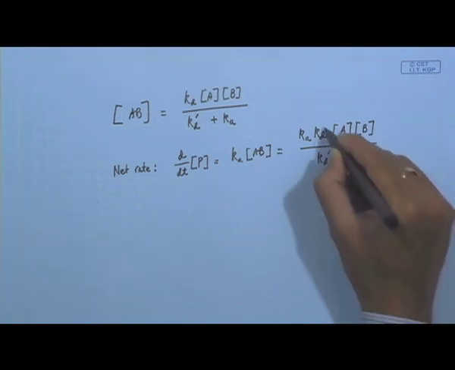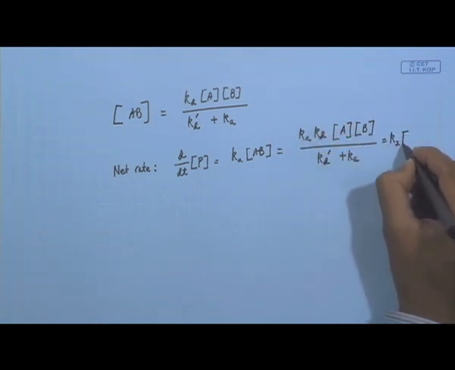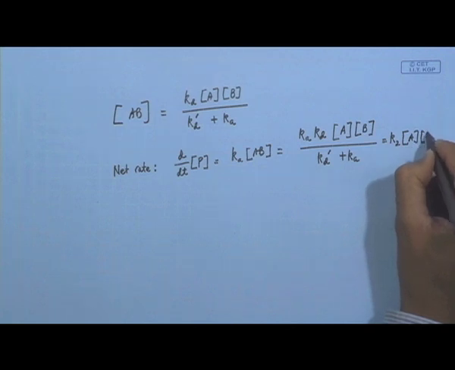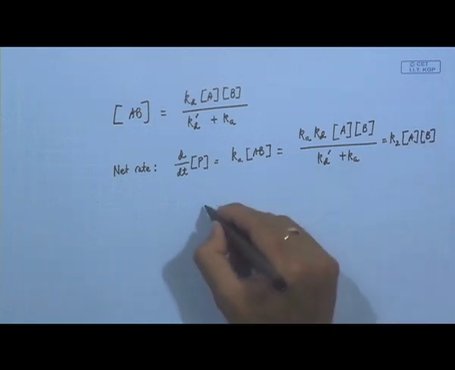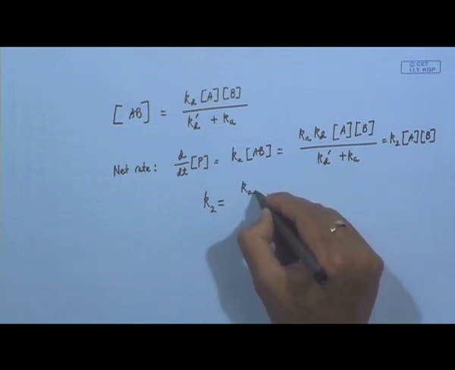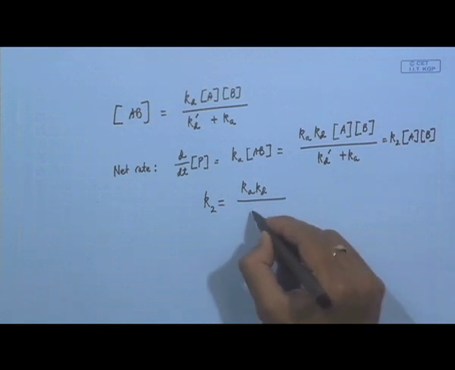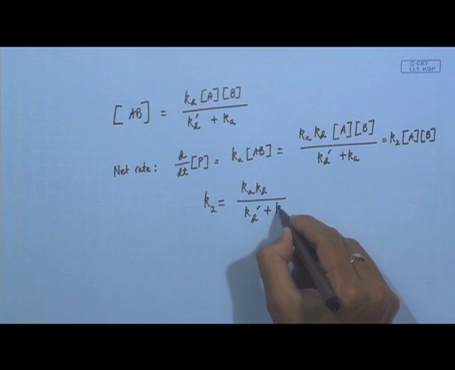All these together are equal to K2, so K2 A B. Therefore K2 is equal to Ka Kd divided by Kd primed plus Ka.